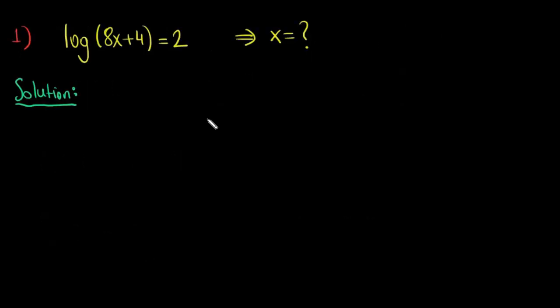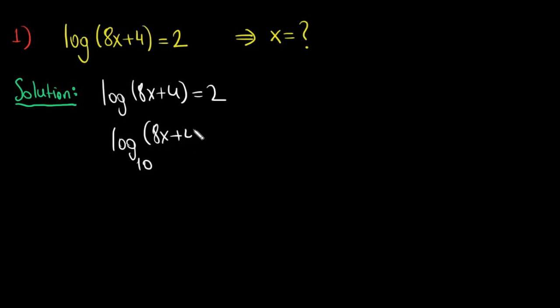Okay, so this is our first example. Log of 8x plus 4 is equal to 2. Then what is the value of x? As we learned before, if the base is not specified, we're going to assume that it's base 10. So we can write this as log base 10 of 8x plus 4 is equal to 2.